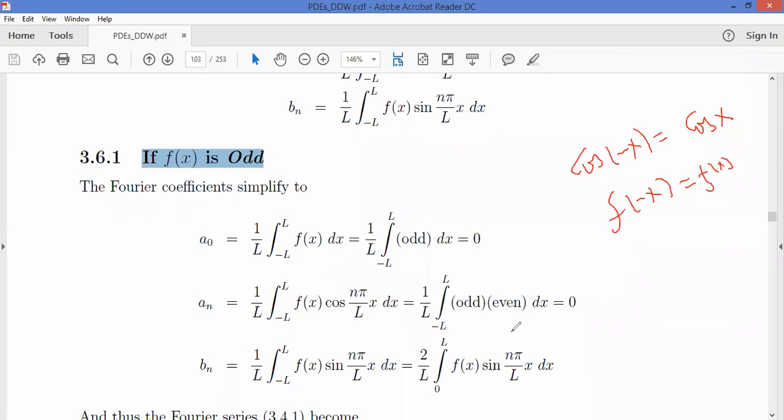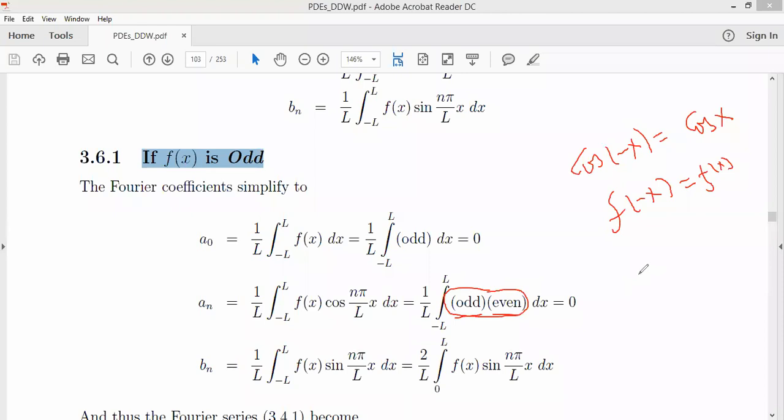Oh, it is this term here. Then we bring in the even part for the cos. We have already said that the product of odd and even is odd. So this product here is odd, a negative times a positive gives us a negative.